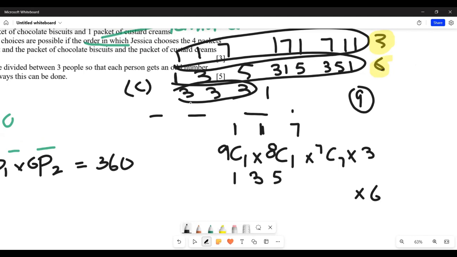So if the first person is getting one pie, there were 9 available pies, so 9C1 times the other person gets 3 pies, there are now 8 available pies, so 8C3. And then the last person gets 5 pies, and there are 5 available pies, so it's going to be 5C5.